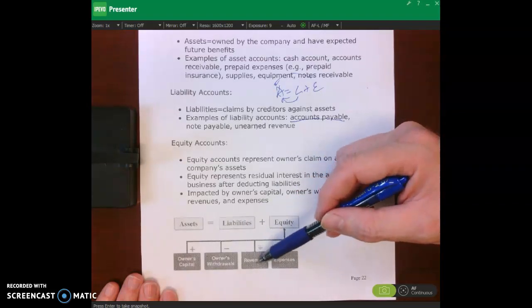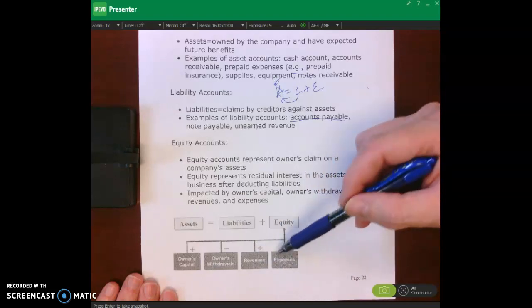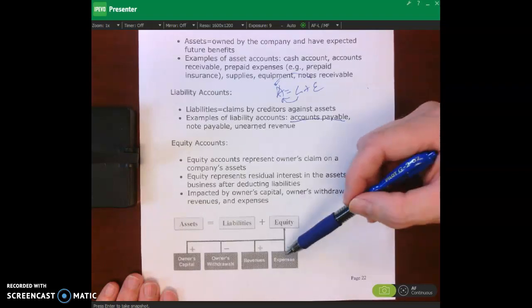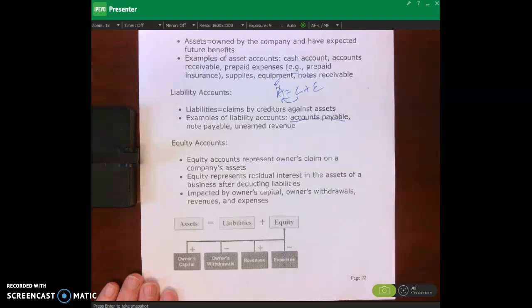Revenues, which are sales and other forms of revenue, increase equity. Expenses, like what we talked about back in chapter 1 lecture videos, which are costs of doing business, such as the cost of using supplies or rent expense, or insurance expense or salaries expense. Those are all costs of doing business. Expenses decrease equity. All right.